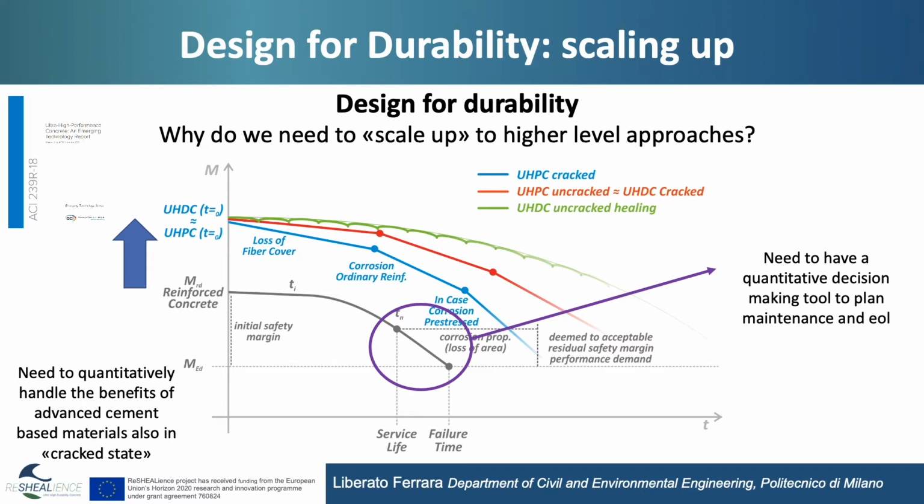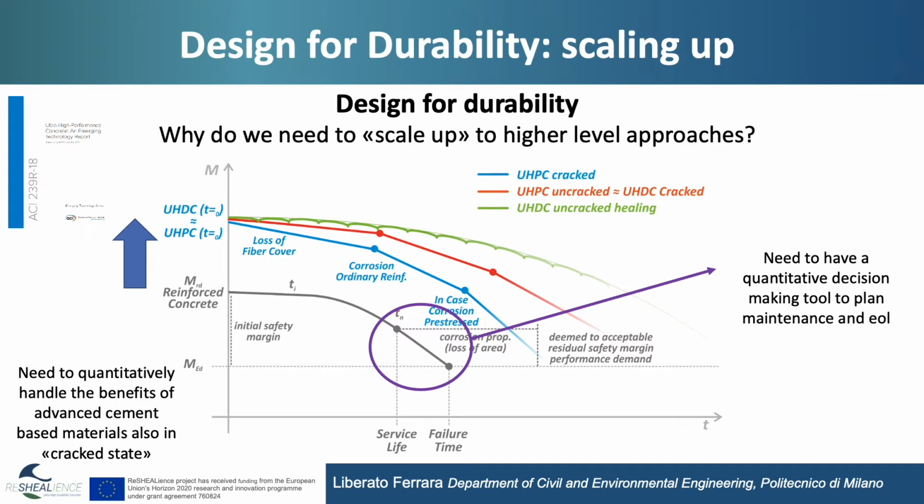And when we design at time 0, we design so that we guarantee an MRD, a resistant value of the bending moment capacity, which is higher than the demand, the MED, the ones that we have obtained as effect of the action from structural analysis. We design with an initial safety margin.